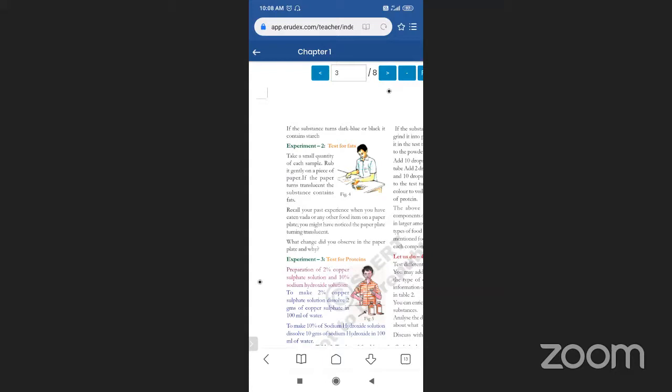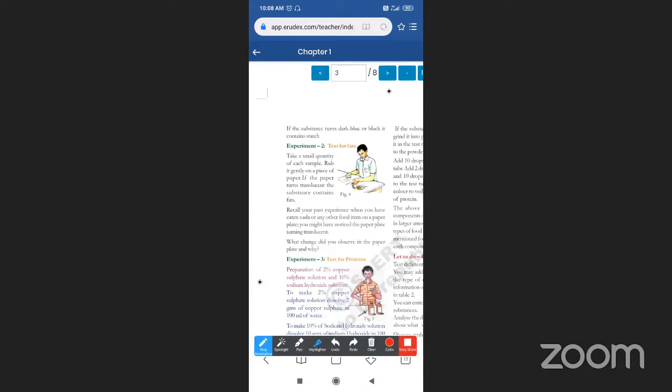We already discussed yesterday food items like vada or other oily foods. If you press tissue paper onto that oily vada, we can observe oiliness on the paper. This oil content shows that fat is present in our food.